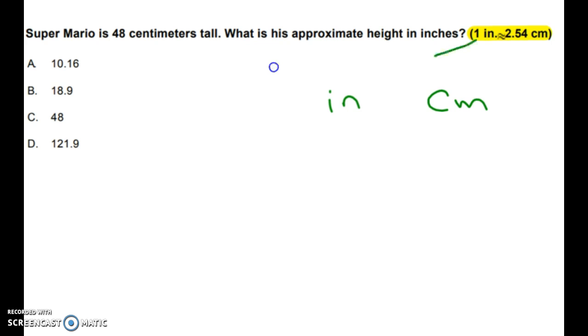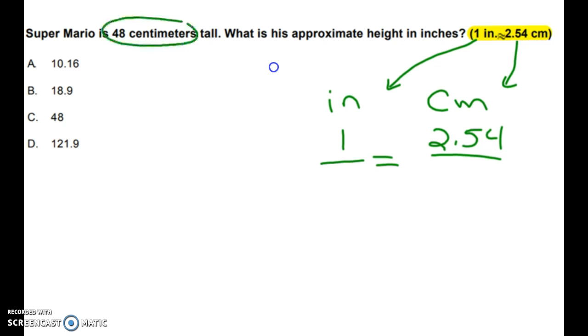So now I just bring the 1 down and the 2.54 down. 1, 2.54. And now the other thing that I'm looking for is what is given to me. So 48 centimeters tall is given to me. So I know that I need to put that on the centimeter side. So 48.